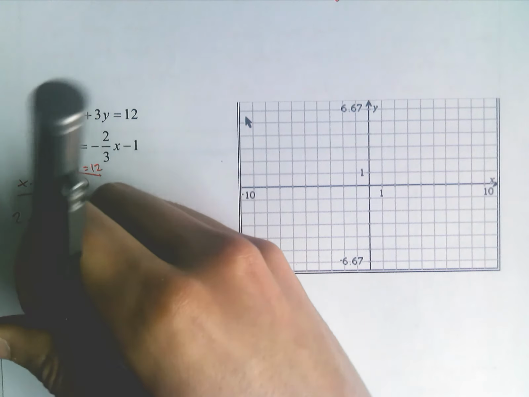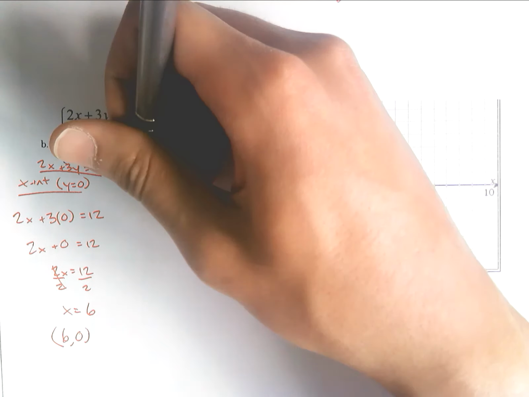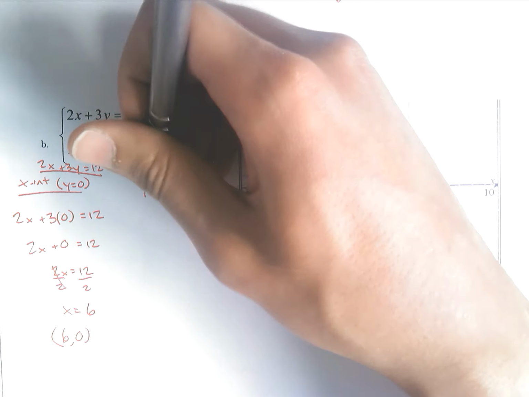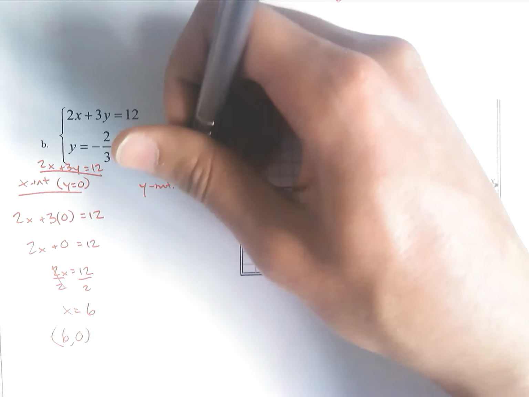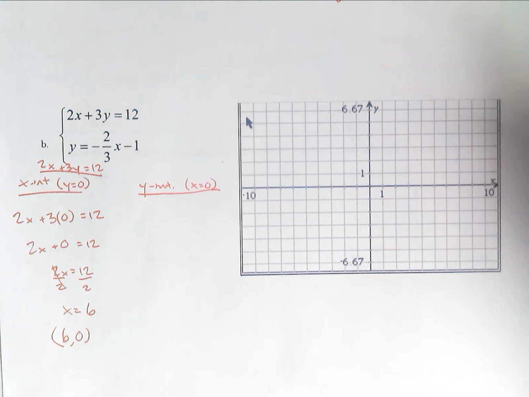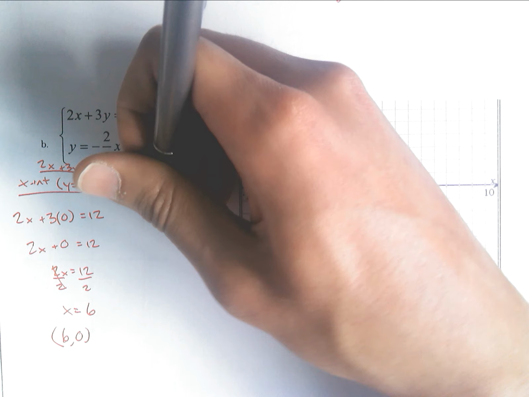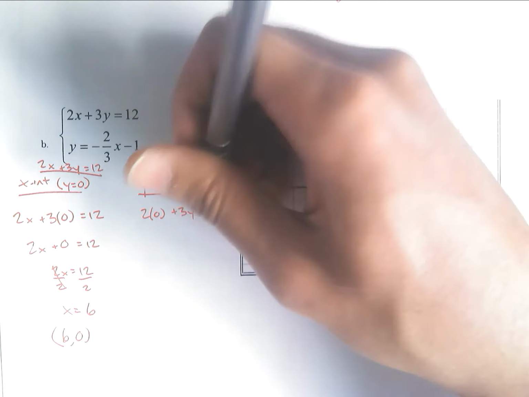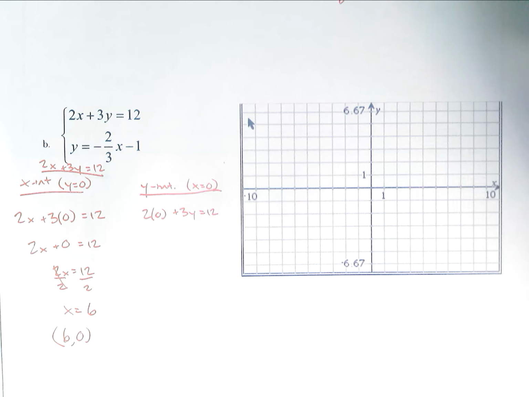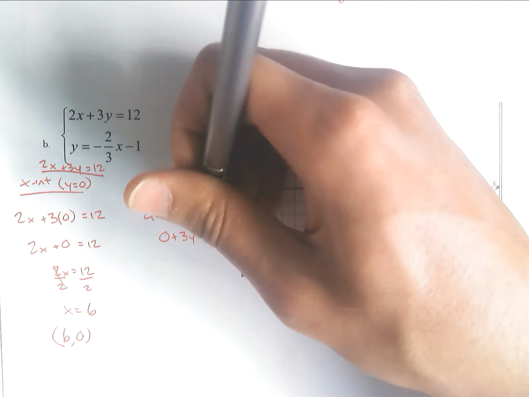Now let's find our y-intercept for this equation in standard form. So our y-intercept is where x equals 0. So we're going to set x equal to 0, solve for y. So plugging in 0 for x, we have 2 times 0 plus 3y equals 12. Well, 2 times 0 is just 0, plus 3y equals 12.